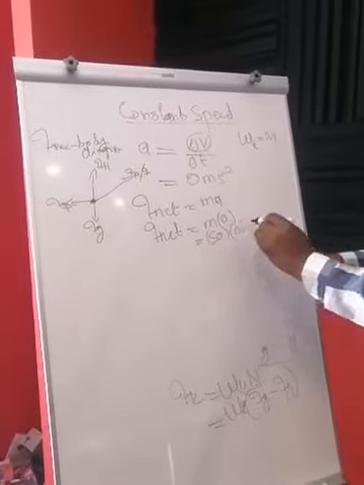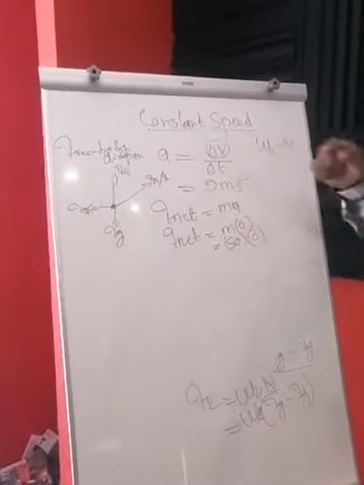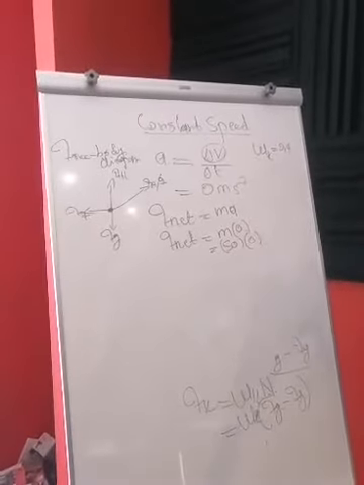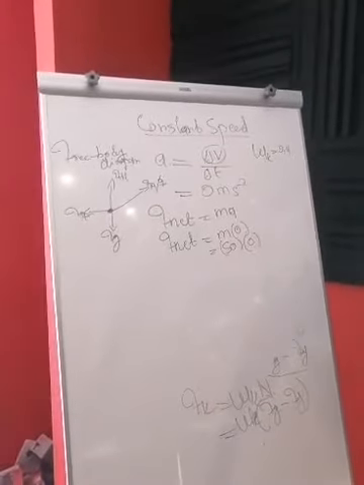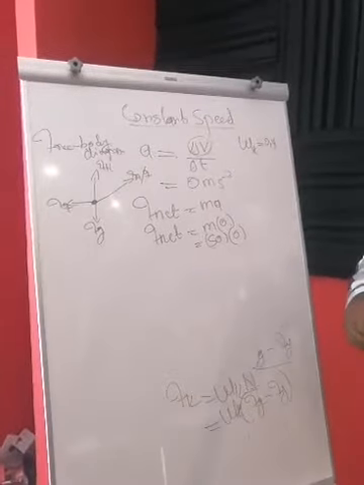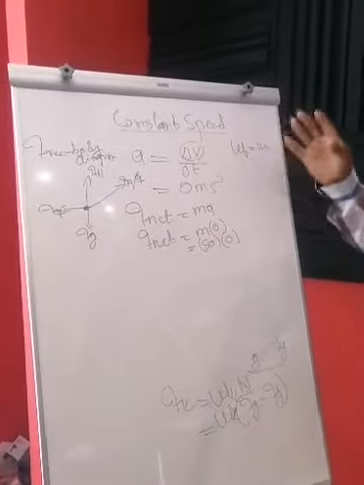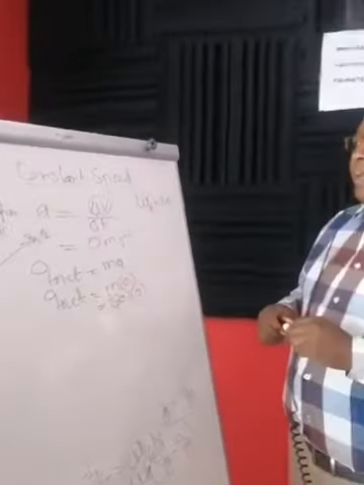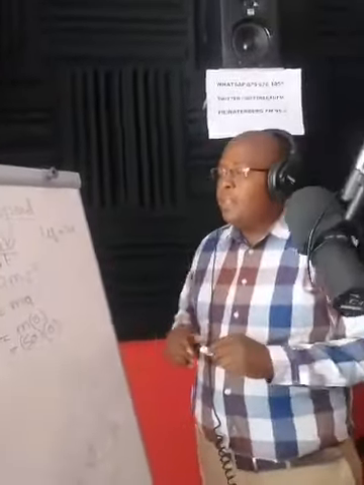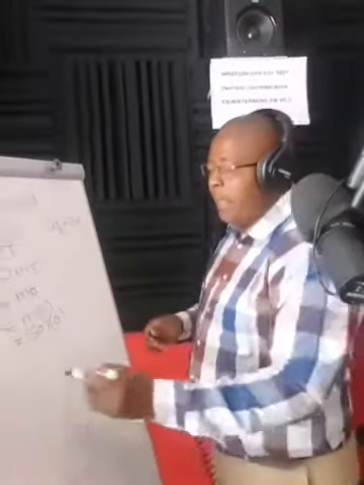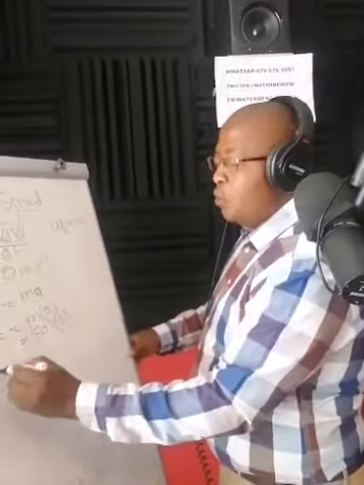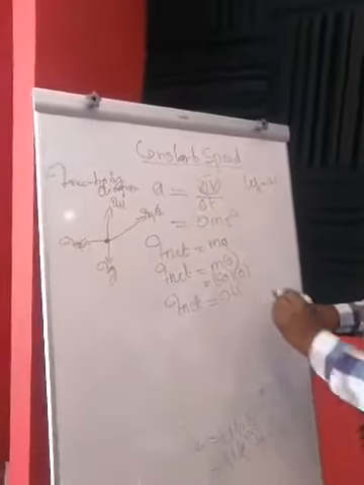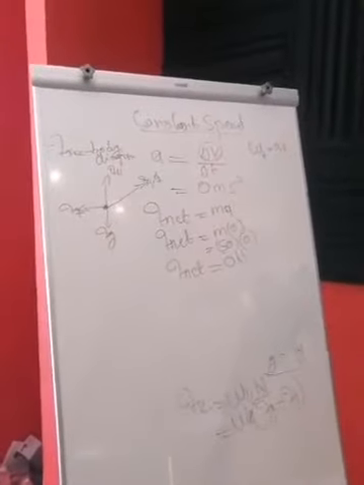Why are we multiplying it with 0? Because our acceleration is 0. Why is our acceleration 0? Because we are given in the statement that the motion is at a constant speed. A constant speed implies 0 acceleration, which is 0 m/s². This means the magnitude of the net force will be equal to 0 N.